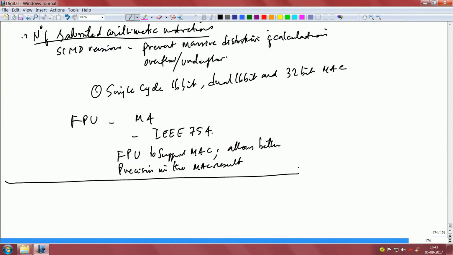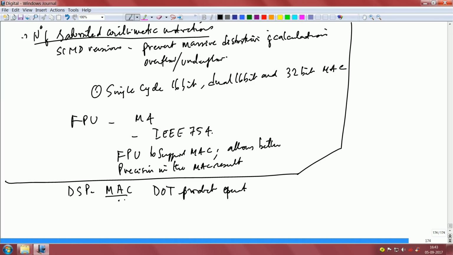Before I close, I want to show you how simple it is, if you have a digital signal processor with a MAC option, multiply and accumulate option, to do a dot product operation.